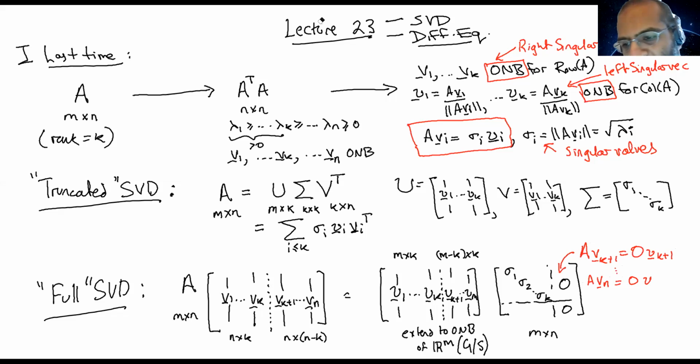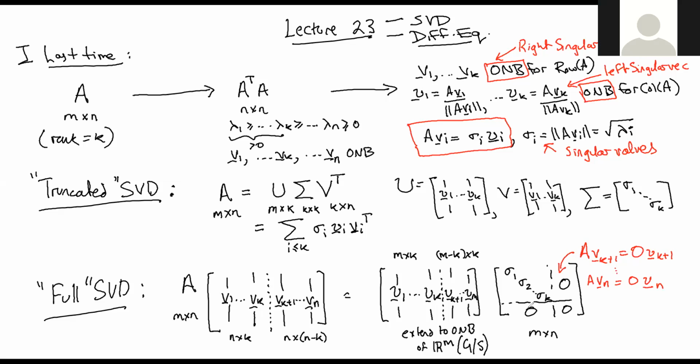So these zeros are kind of not relevant. They just correspond to the fact that A actually kills all the right singular vectors after k. And then there are also going to be zeros here. You can just check that. So you basically just pad the thing with zeros to make it m by n.